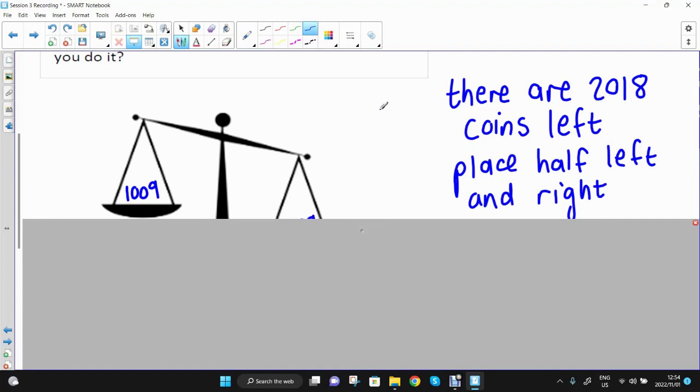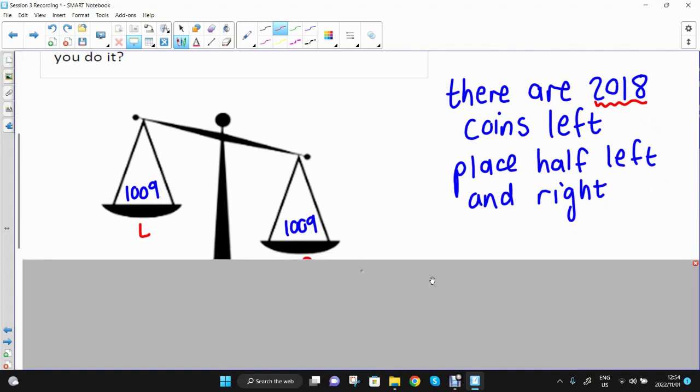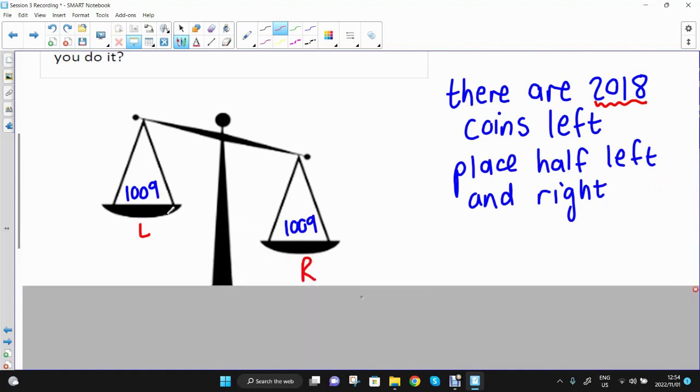So we are now only looking at 2018 coins that are left. We then take those 2018 coins and we divide it exactly in half. And we put half of the coins on the left-hand side of the scale and half of the coins on the right-hand side of the scale.